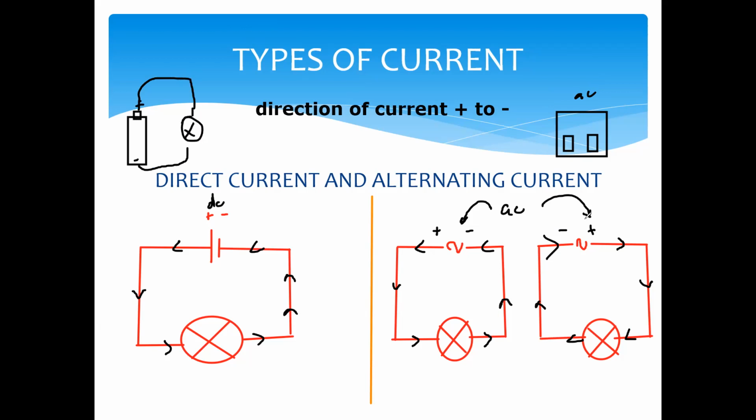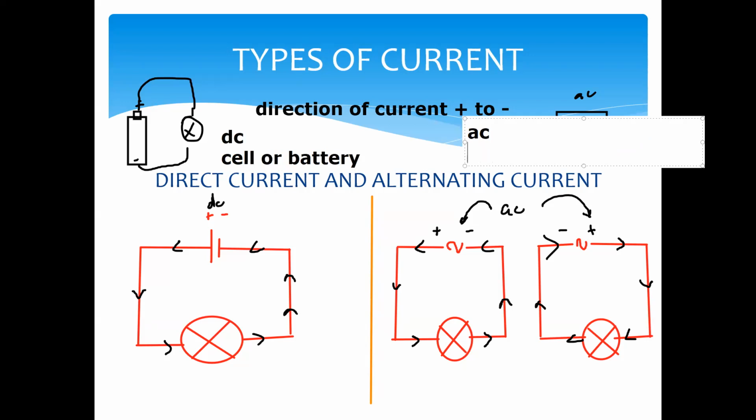Is the difference between the alternating and the direct current clear? Examples of DC supplies are a cell or a battery, and the example of the AC supply is the main supply.